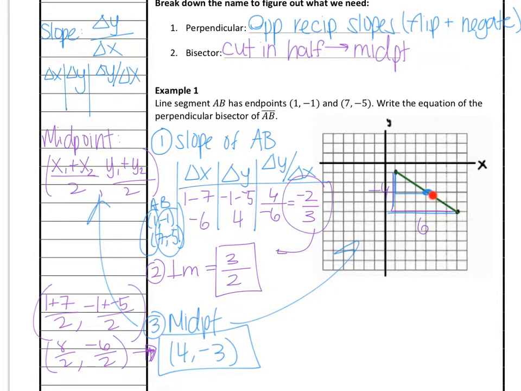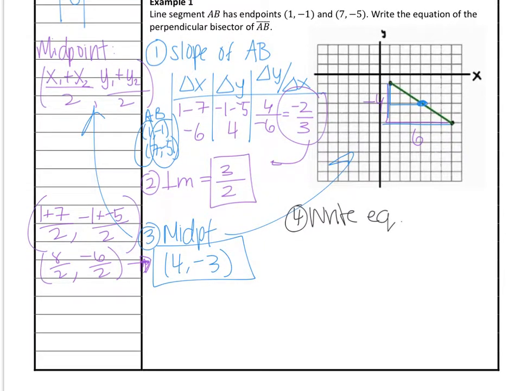So now what we need to do is write an equation of a line that goes through that point and has this slope, +3 over 2. So this is where we come back to writing equations. So it's kind of a four-step process here. Remember, your basic form is y minus y1 equals m times x minus x1, where m is slope, x1, y1 are the two values in our coordinate for the midpoint.